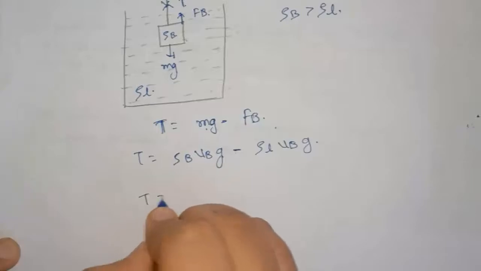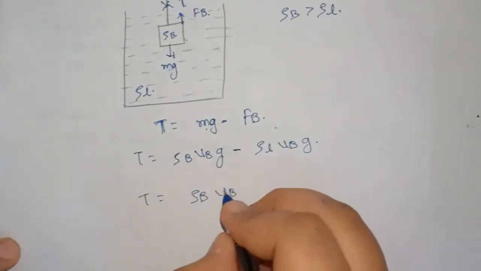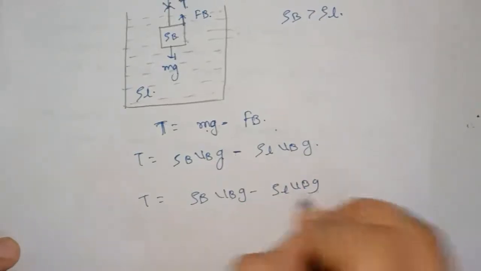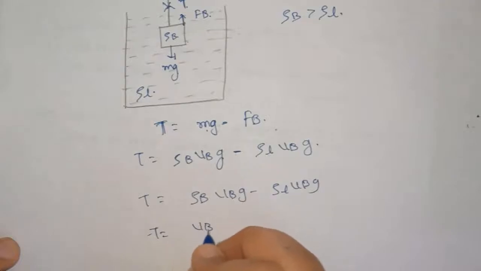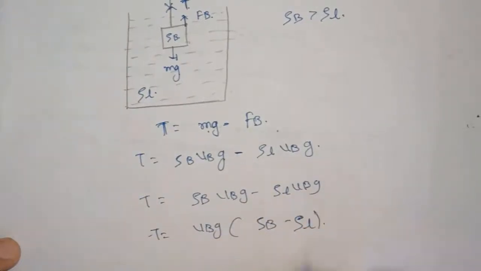So the tension force will be rho B into V_B g minus rho L into V_B g. Taking this V_B g common, density of body minus density of liquid.